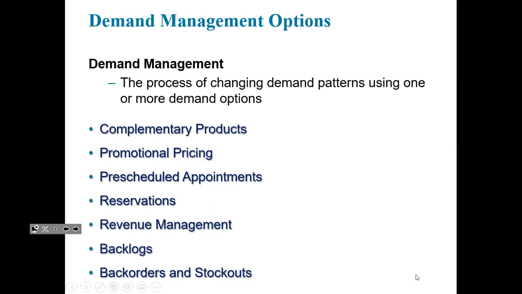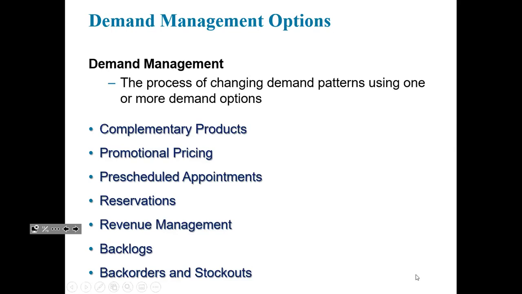They can offer complementary products if the specific product is not available, and that way the customers have an alternative option. When it comes to operations-based activities, if you have a limited ability to make a certain amount of product, you could schedule the consumers coming into your facility such that you have a fixed number coming in at a given time. Okay.